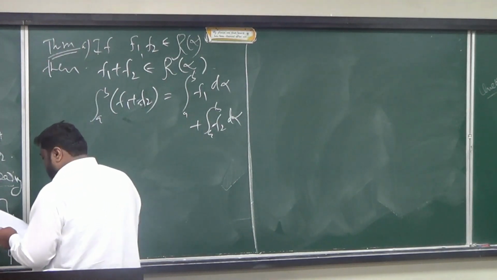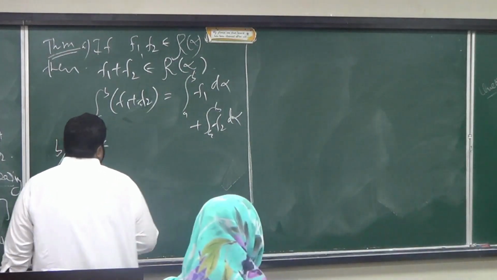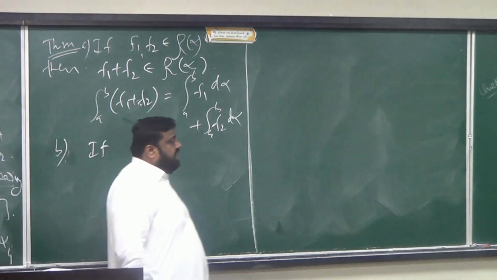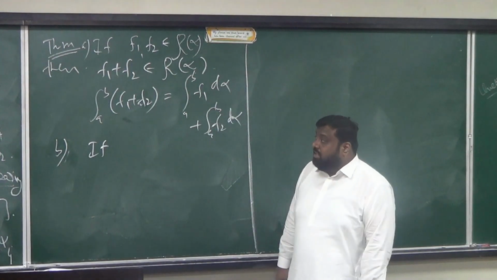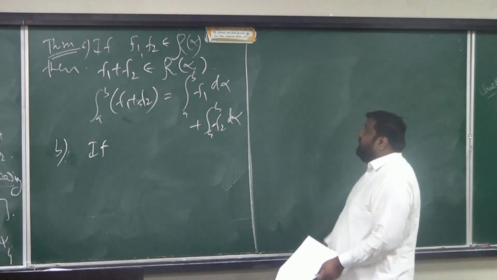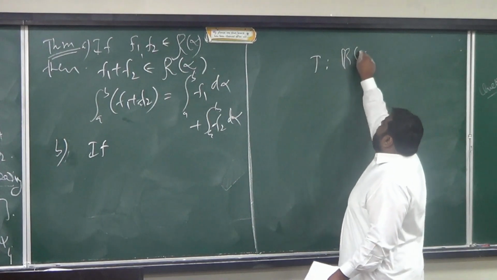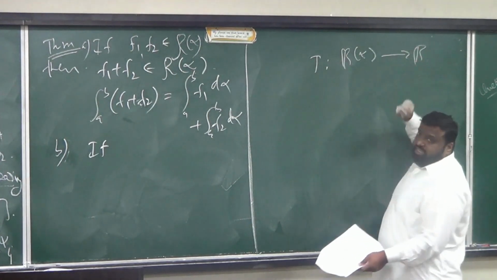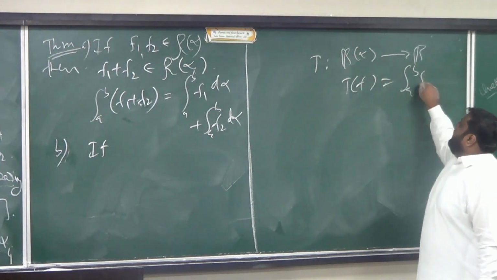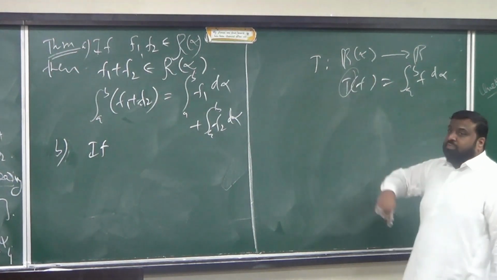Part B of this problem is that the Riemann integral is a monotone function. If I treat that as a function, in other words, if I define a map from R of alpha into R, T of f is the integral from a to b of f d alpha, then this map is monotonic.